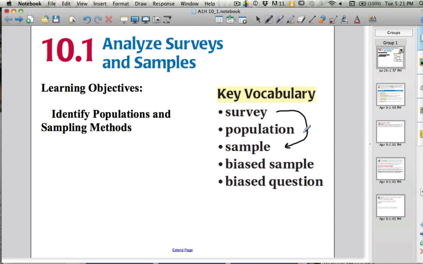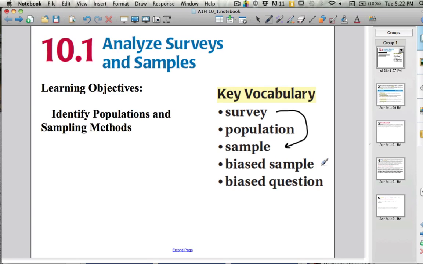It is unlikely that I would try to give my survey to every member of the population. Instead, I would select a subgroup of students that was representative of the population, and that would be my sample. So the population is the entire group of people, and a sample is a subset that is representative of the population.